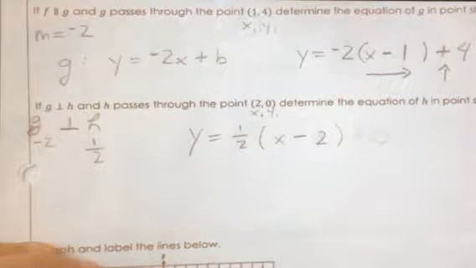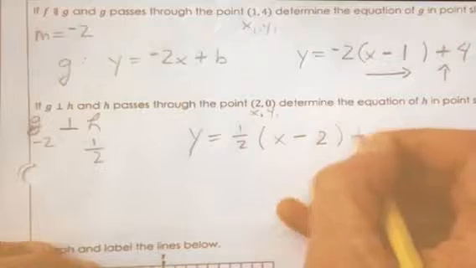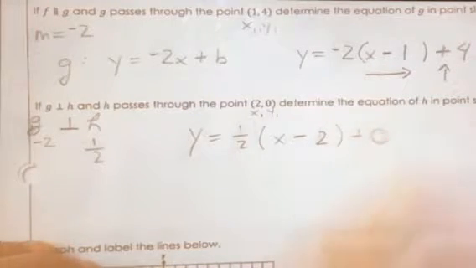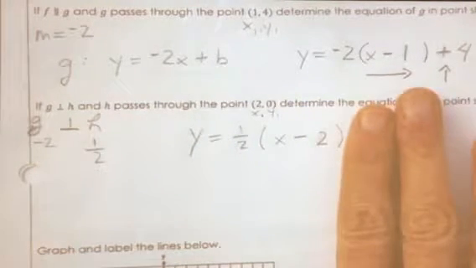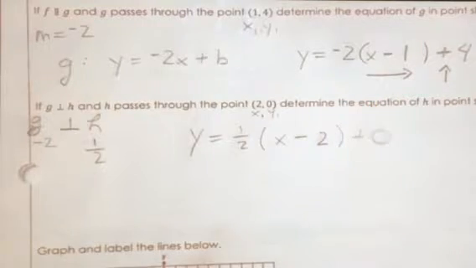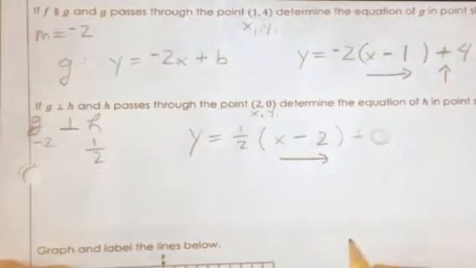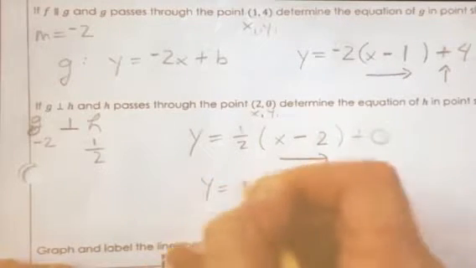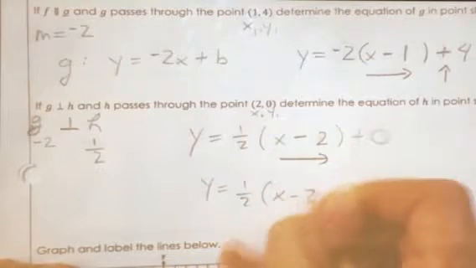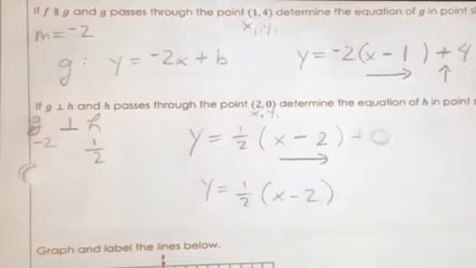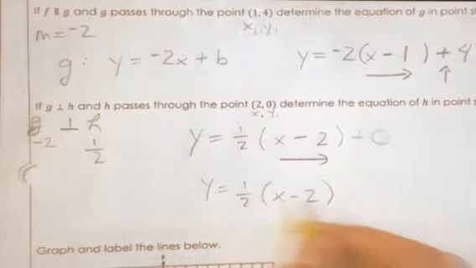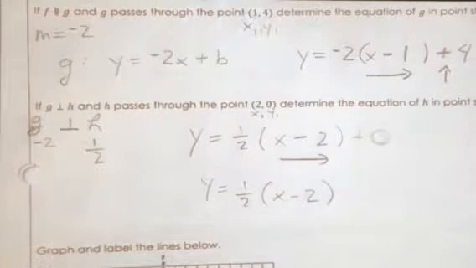Now, do we have to write plus 0? No, we don't. I'm going to write it this time, but we'll obviously get used to just not writing it. And this says that I went right 2 units to x equal 2. This is y equals 1/2 times x minus 2. It would be very easy for you to put this into slope-intercept form.